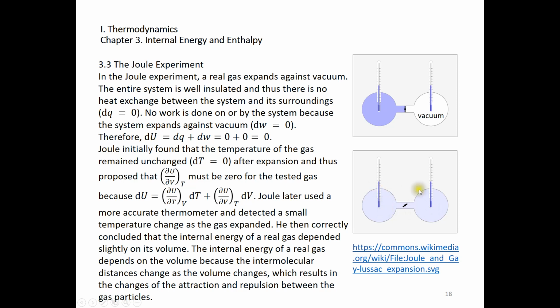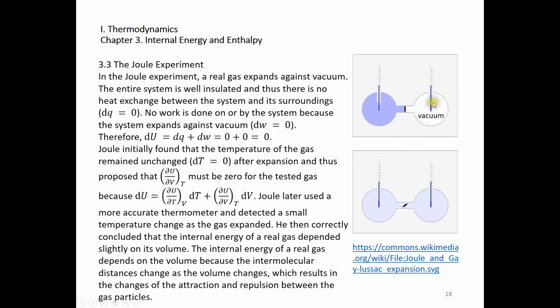And Joule looked at the thermometers. He found that there's no temperature change. And then he did some derivations. First, dQ is 0. There's no heat exchange because the entire system, both containers, are well insulated. And also, there's no work. This system did expand against vacuum, but if you look at the equation for expansion work, it is negative integral P external dV.